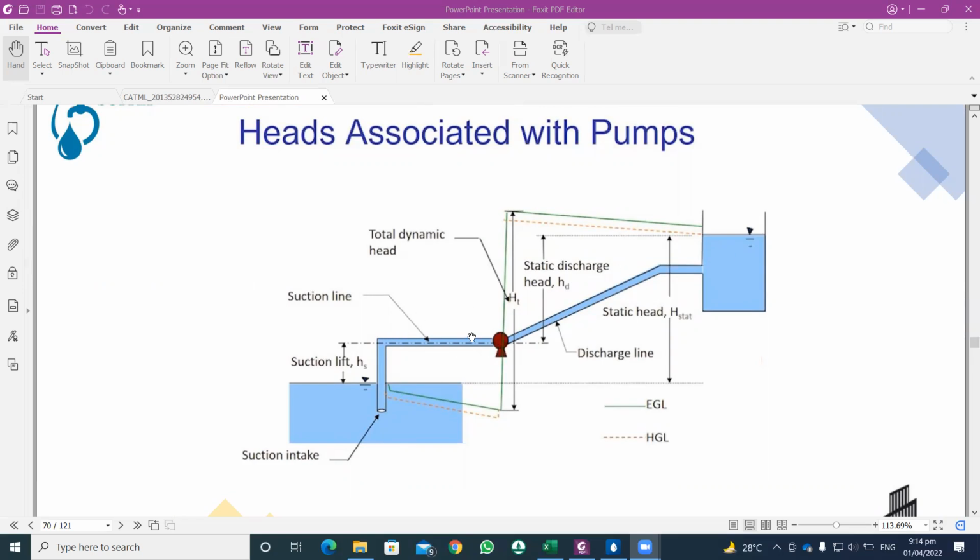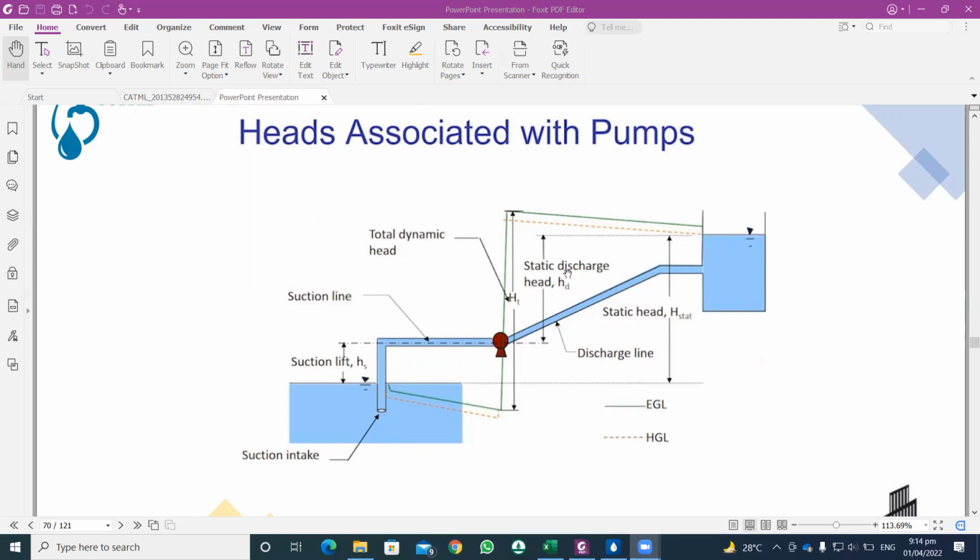At the upstream side of a pump, or suction side, the difference between the center line of the pump and the water level is the suction lift, while the difference between the water level of a reservoir at the downstream side and the water level at the upstream side is called the static head, the static discharge head.